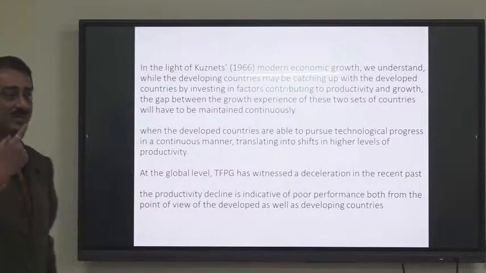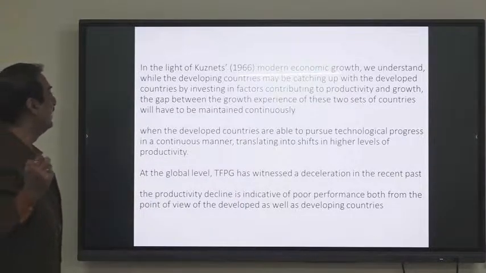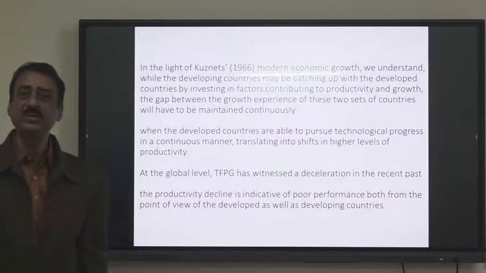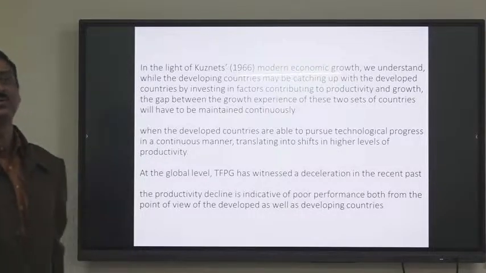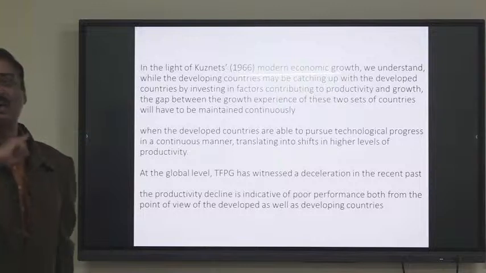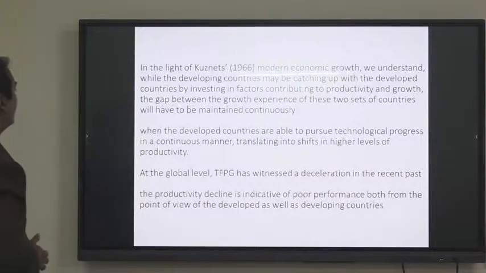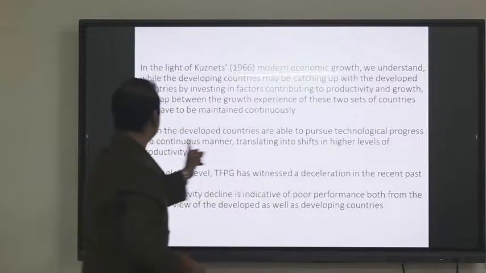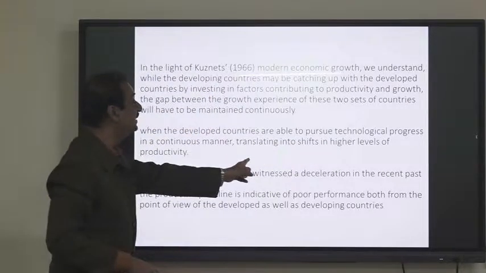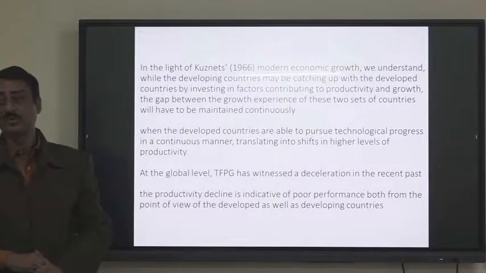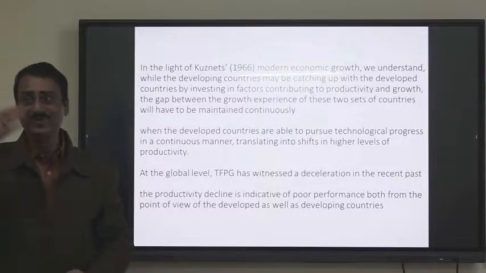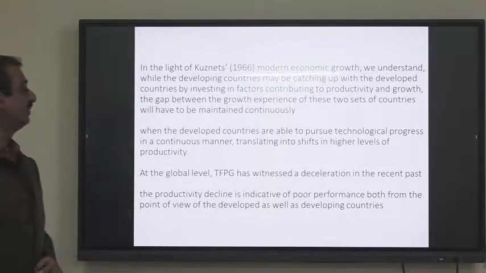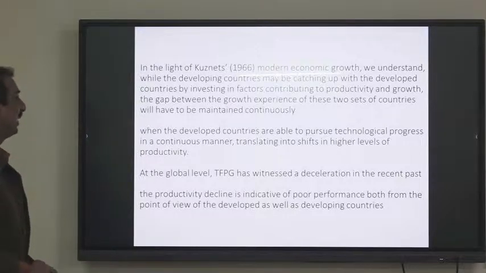Therefore, to continue this process, it is very important that productivity growth takes place. And productivity growth will come only when this race is happening in a continuous manner. When the developed countries are able to pursue technological progress continuously, translating into shifts to higher levels of productivity, only then will the world experience a continuous trend of rising productivity.